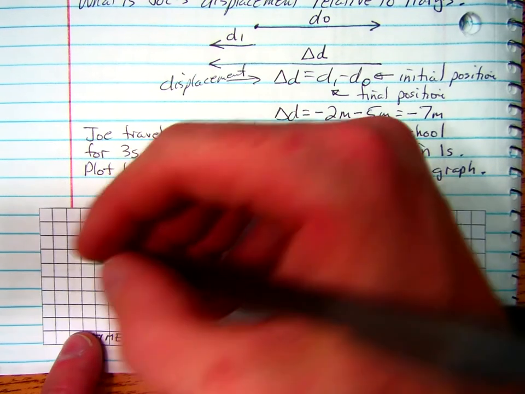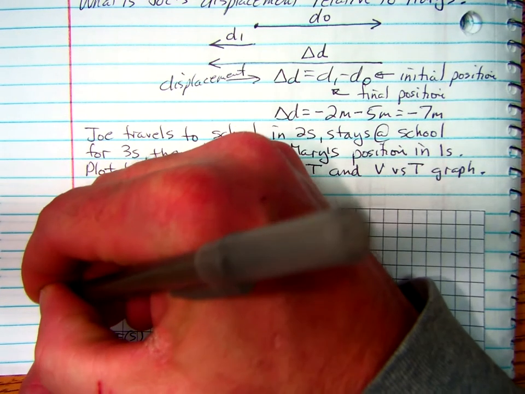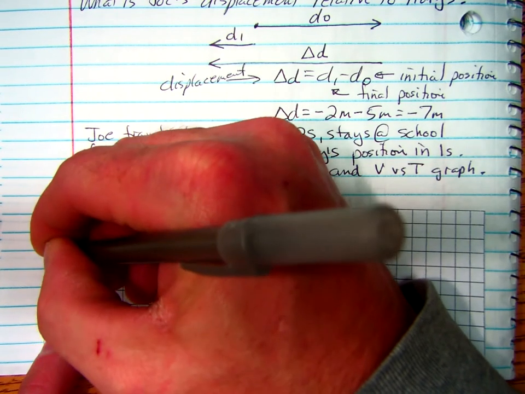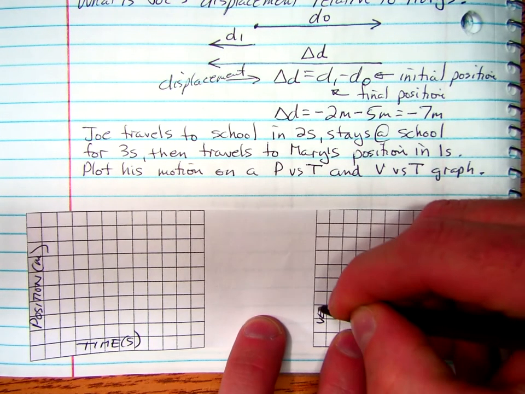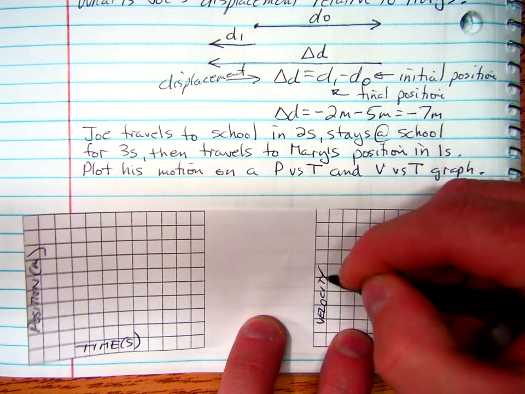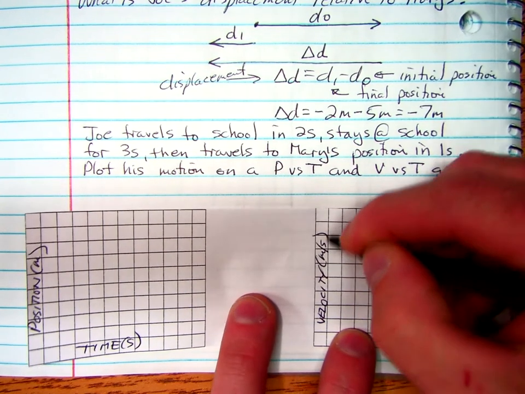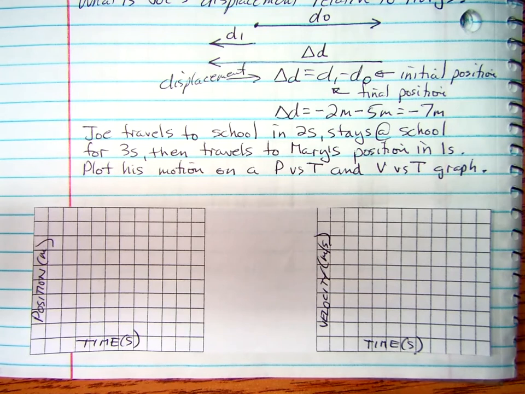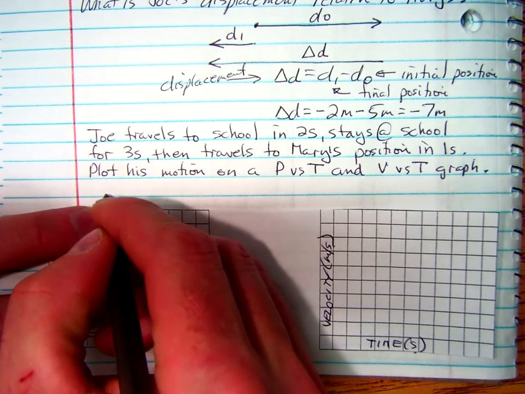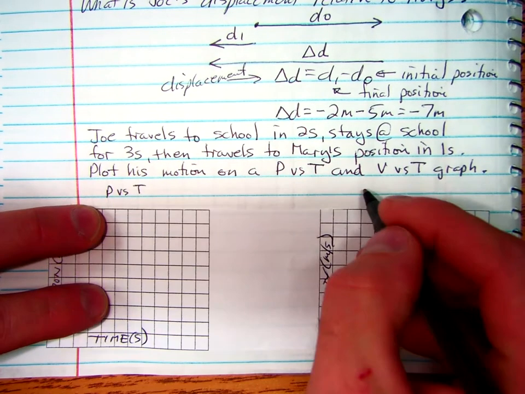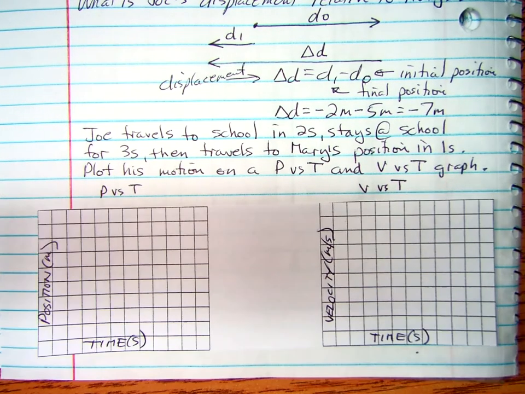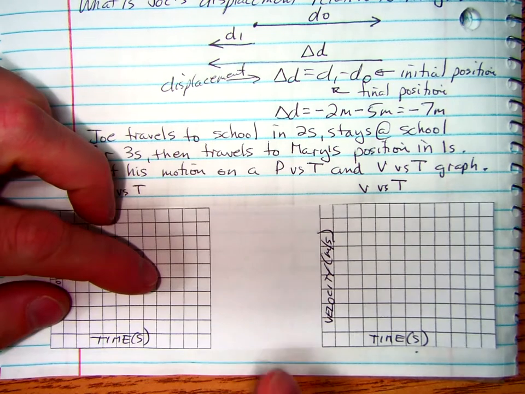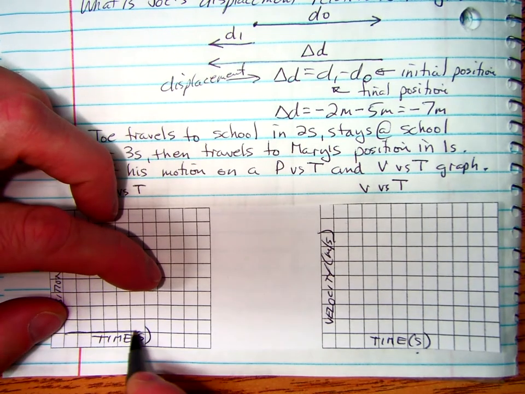Position is going to be on the y-axis of this graph, and it's in meters. And velocity is going to be on the y-axis of this graph, and it's going to be in meters per second. And I'm going to go ahead and put my title, P versus T, V versus T.